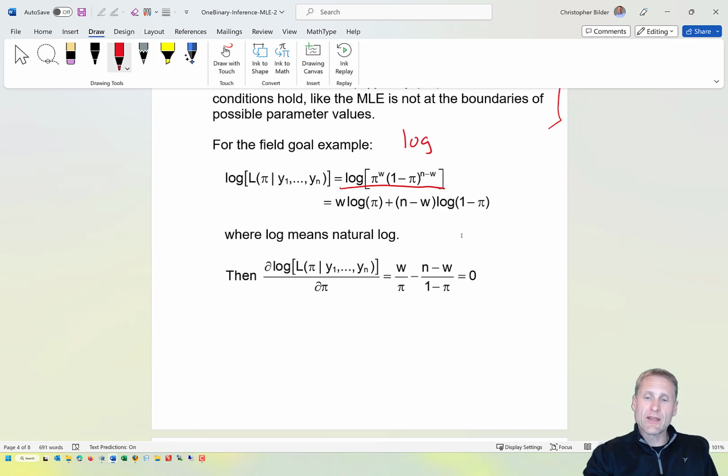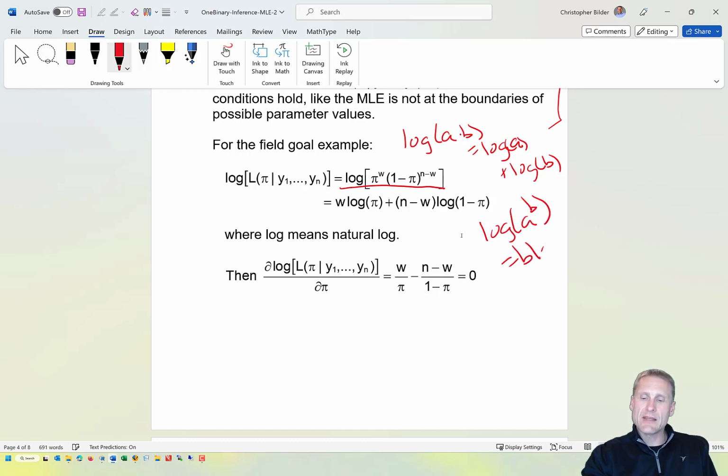For example, the log of a times b is the log of a plus the log of b. Also, the log of a raised to the b power is equivalently b times the log of a.